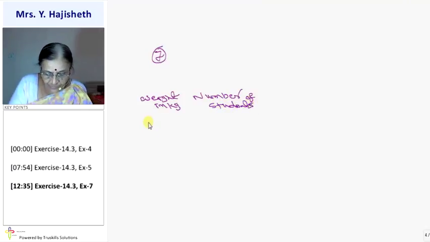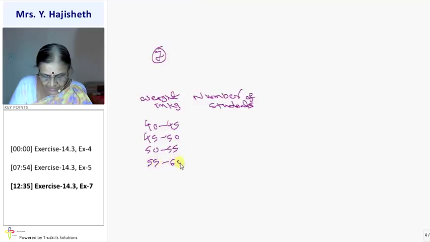Classes are given as 40 to 45, 45 to 50, 50 to 55, 55 to 60, 60 to 65, 65 to 70, 70 to 75.